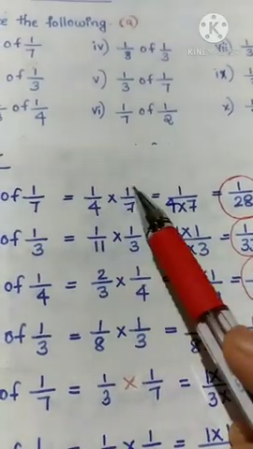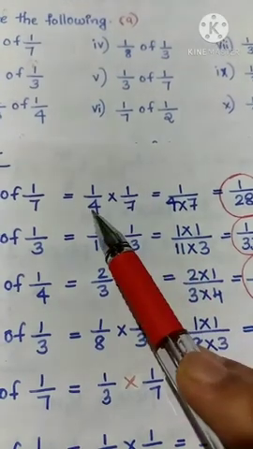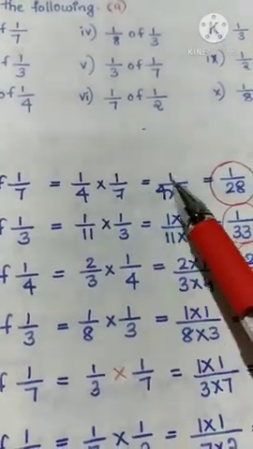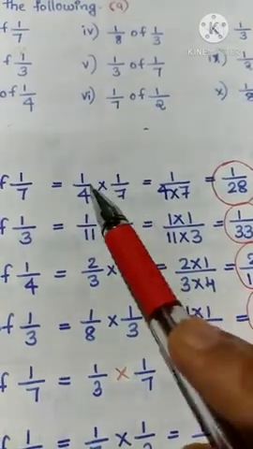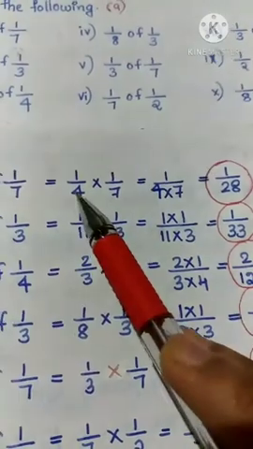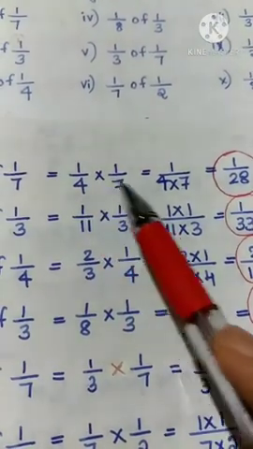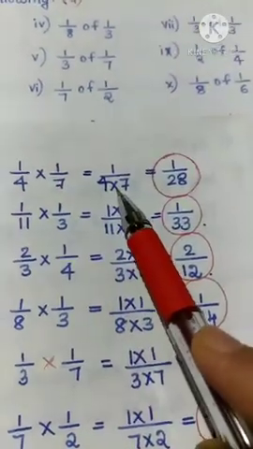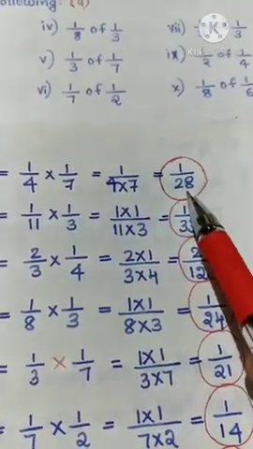Numerator it is 1 and here also 1, and in denominator here 4 and here 7. So multiply the numbers in the numerator, that is 1 into 1, then multiply the numbers in the denominator, that is 4 into 7. So we will get 1 by 28.